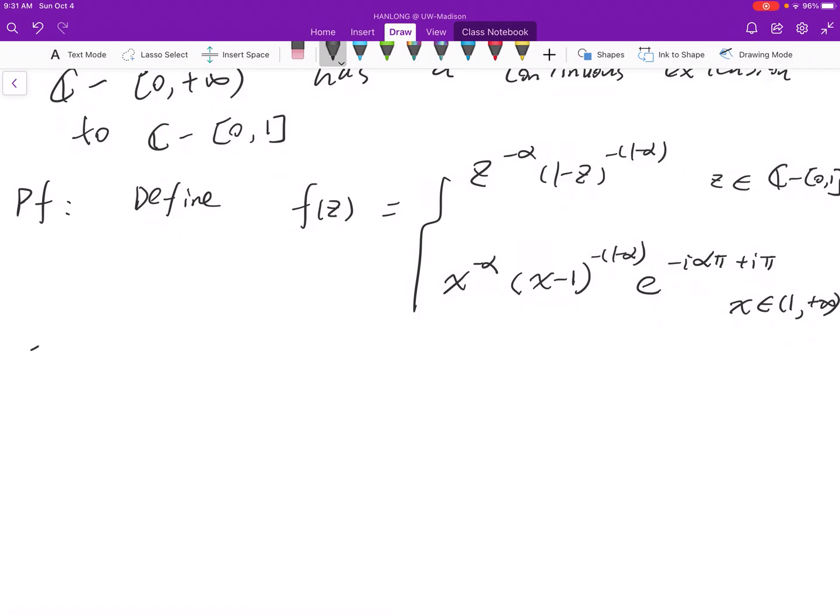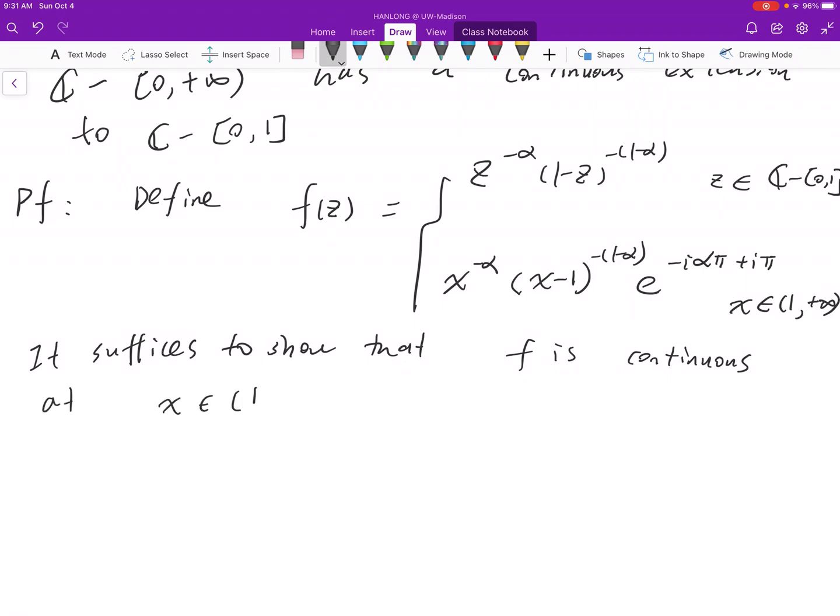And it suffices to show that f is continuous at each point x in 1 to positive infinity.